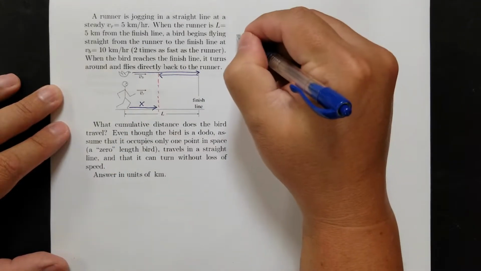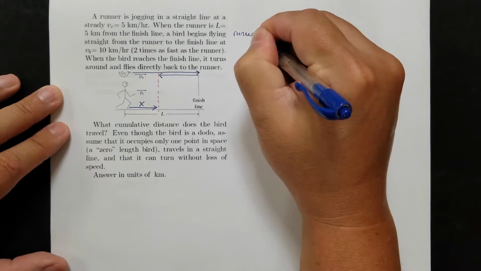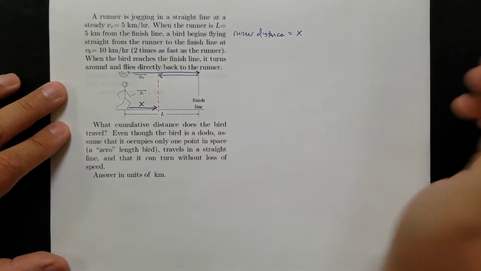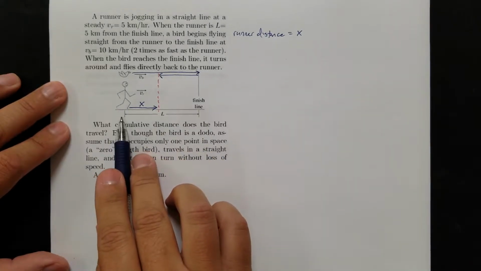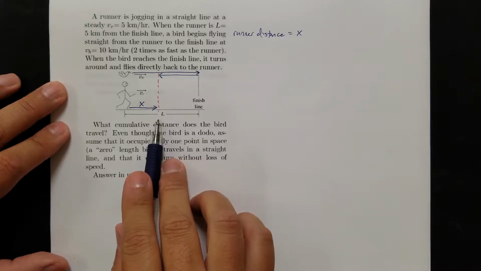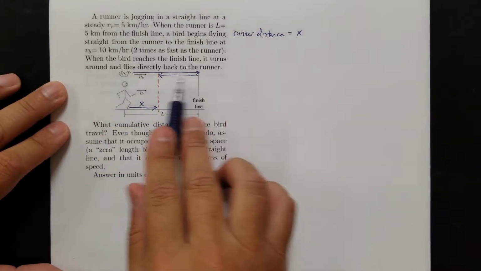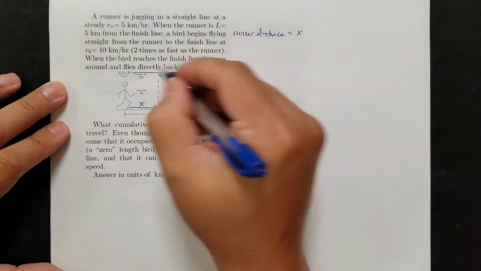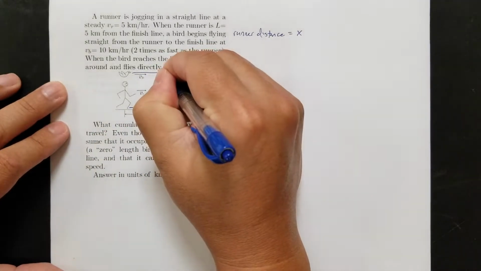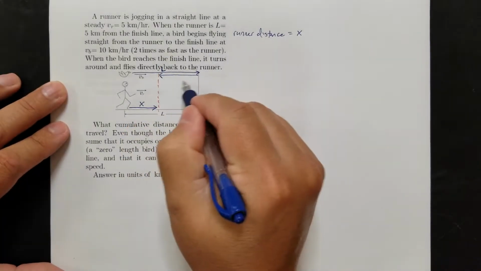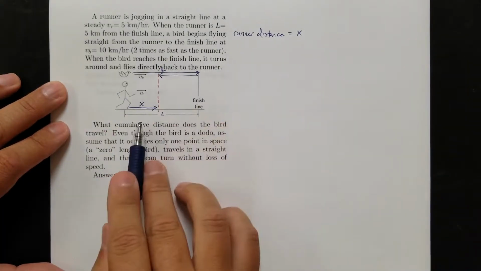So let's say runner distance is x. And the distance from the runner where he started to the finish line is L, right? So then I can define how far the bird went by doing L, because the bird went forward L, right? This distance here was L. And then the bird came back this distance here, which is the difference between L and X, right?